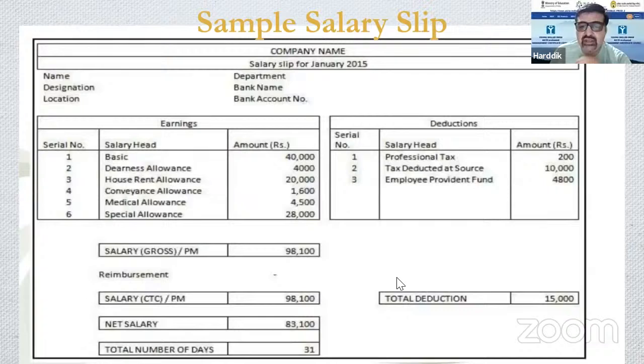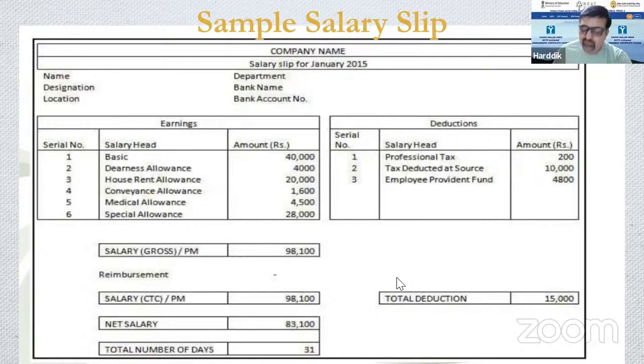So this is just a sample. You will have to calculate the salary for the month of June for an employee X in the form of a salary slip. This is the sample slip as we were discussing. One side is earning, second side is deduction. There is a gross, net, total number of working days, total amount of deduction.